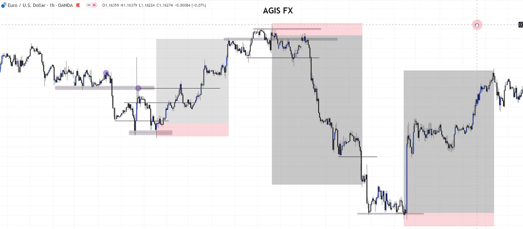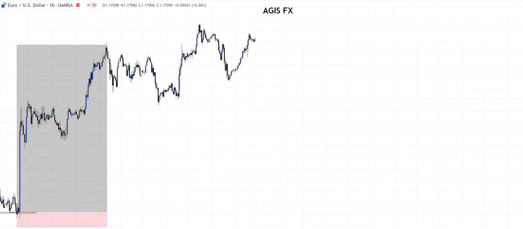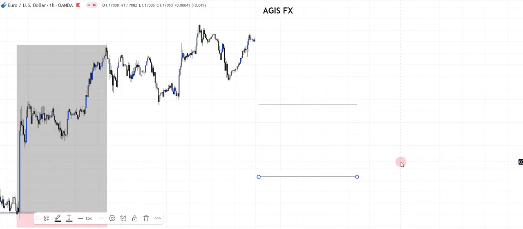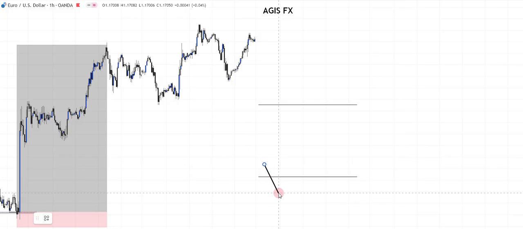So in other words, what I'm trying to say is this. Let's say we have a resistance here, and let's say we have a support here. If I do this, let's say price comes down, this support turns to resistance, meaning price can bounce here and keep going down, right?